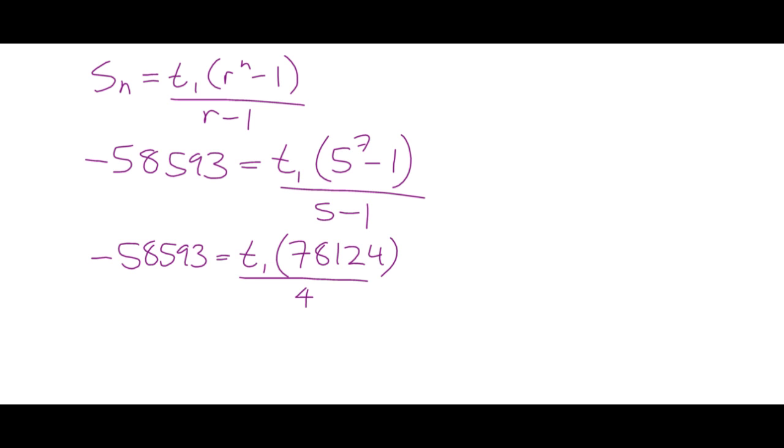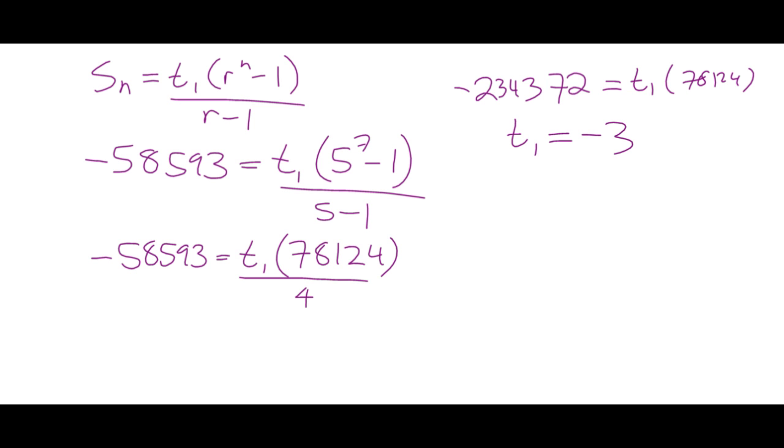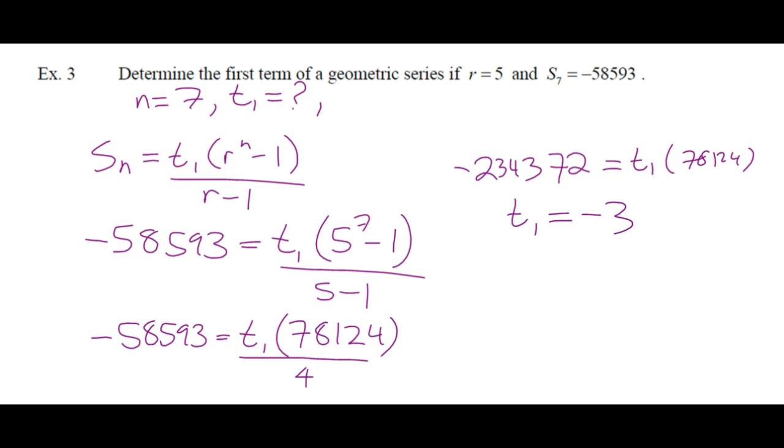Multiplying by 4, we get negative 234,372, which is equal to t1 times 78,124. Divide both sides by 78,124, and t1 is negative 3.